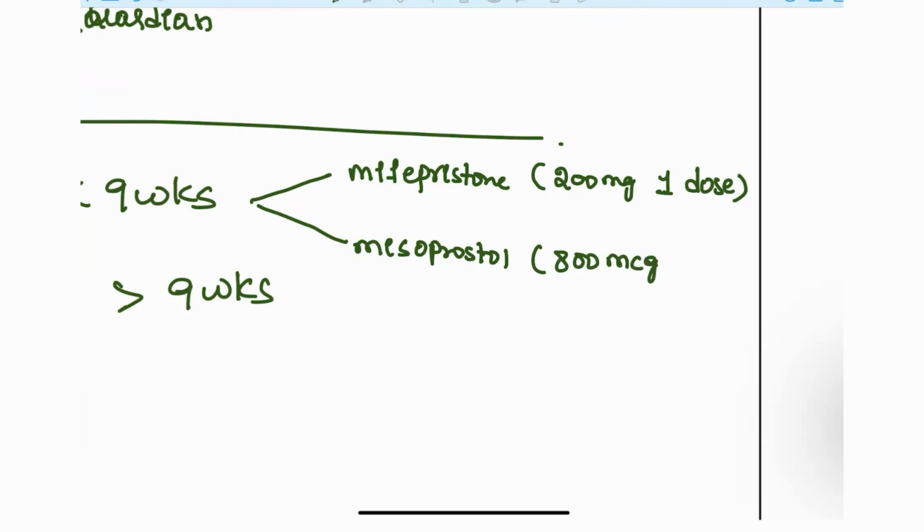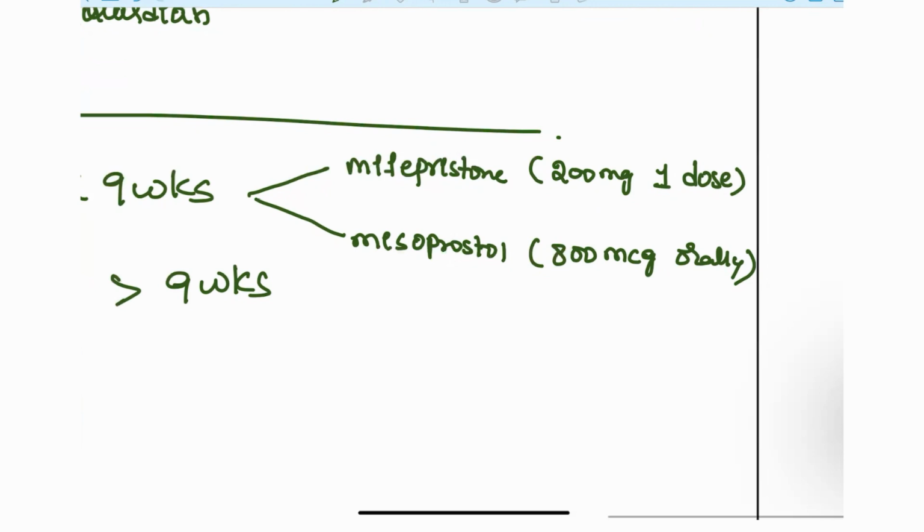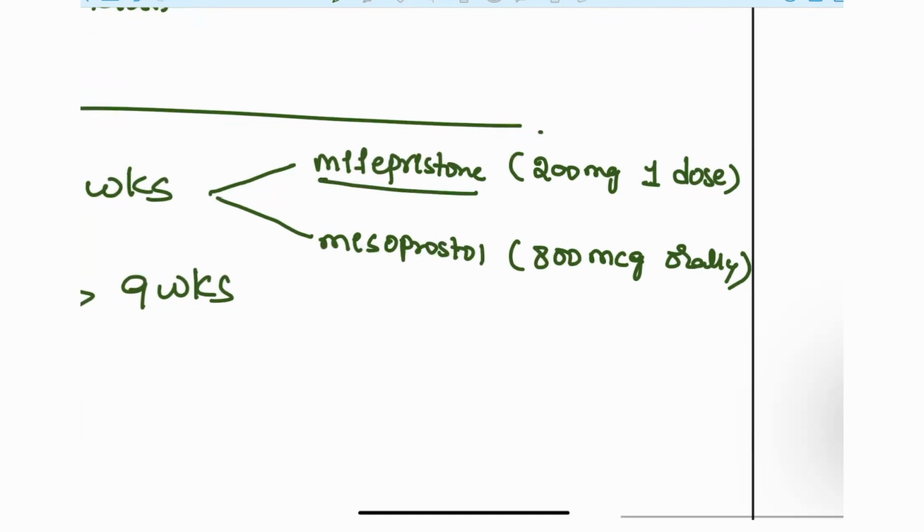Both are given orally, and these 800 micrograms can be given as two doses also. But which day do we have to give? Mifepristone is given on day 1, and misoprostol is given on day 3. After completing 24 hours, only then we have to give the misoprostol. And if you see severe bleeding, then again we are going to proceed for suction and evacuation.